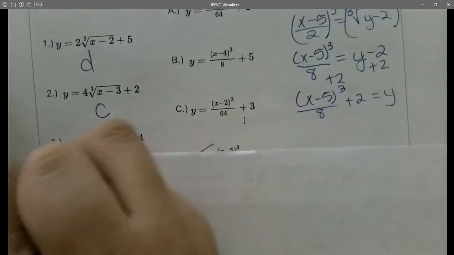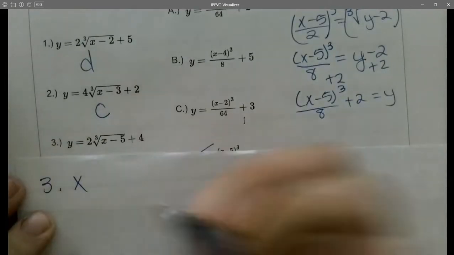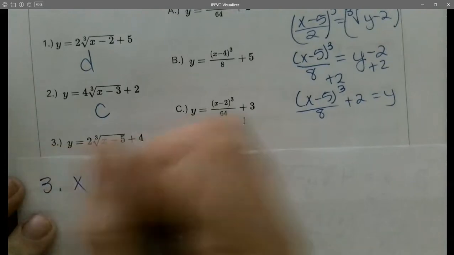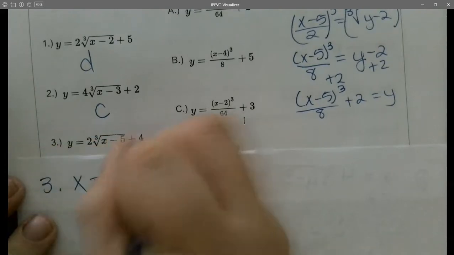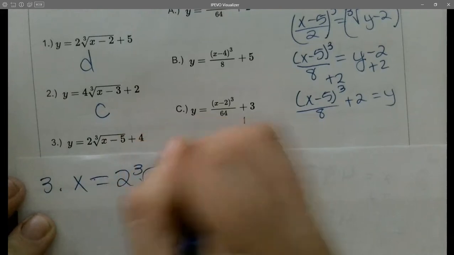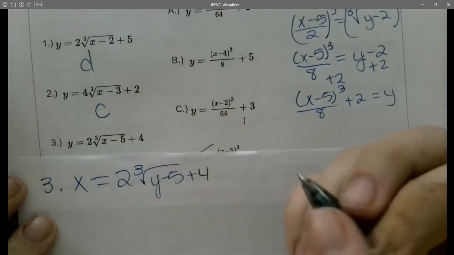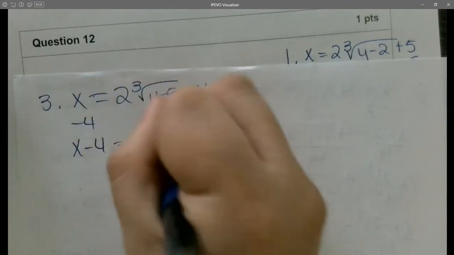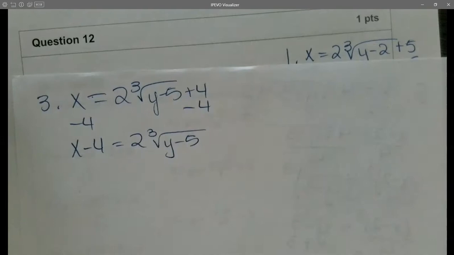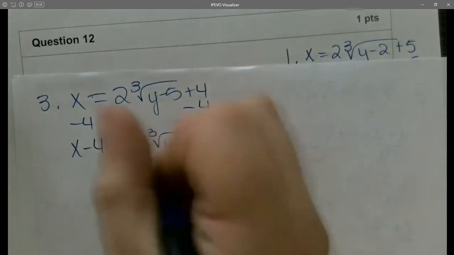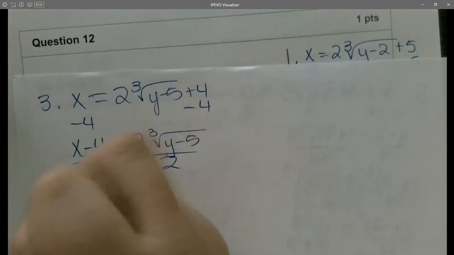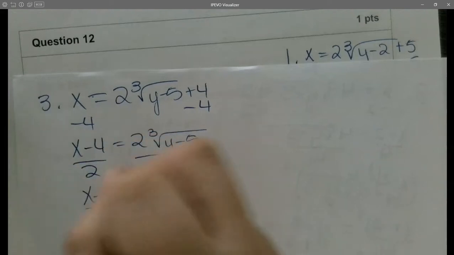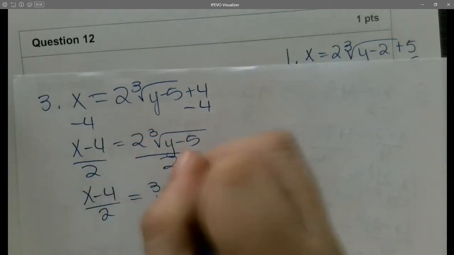So this one, I'm switching x and y. The third one is x equals 2 cube root y minus 5 plus 4. Start off by subtracting that 4 on both sides. I get x minus 4 equals 2 cube root of y minus 5. Then I want to divide both sides by 2. I get x minus 4 over 2 equals the cube root of y minus 5.